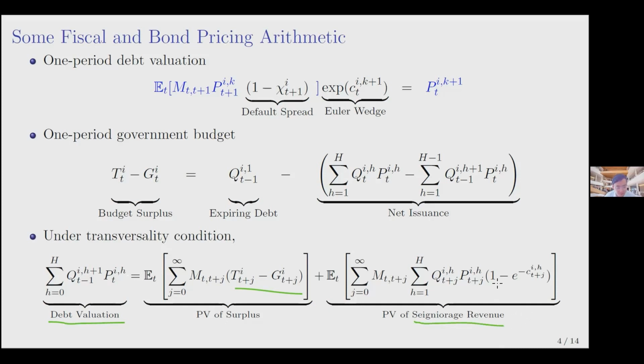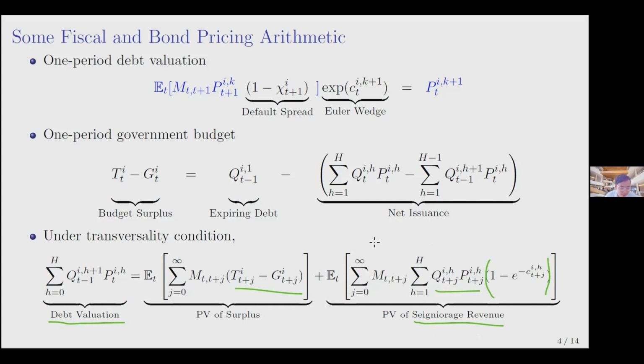In particular, we have the Euler equation wedge C to express how much investors are willing to give up in each period relative to the standard Euler equation. We multiply that by the amount of outstanding debt in that period, which in a sense measures the current amount of seigniorage revenue in a particular quarter or year.